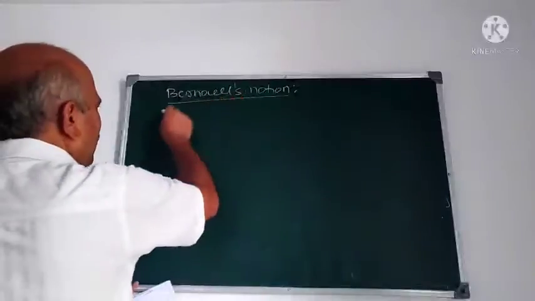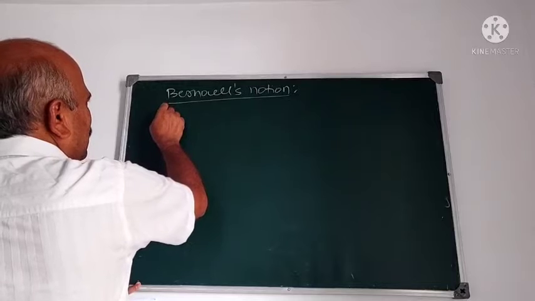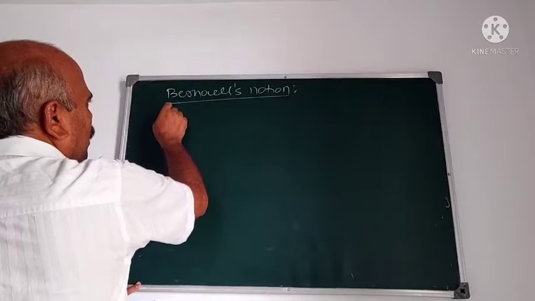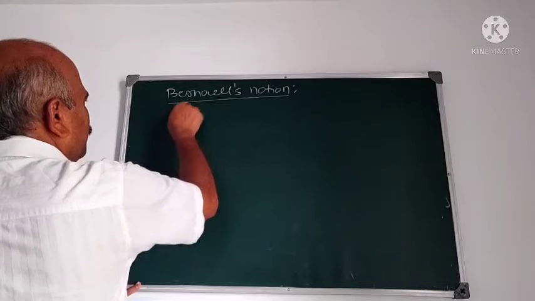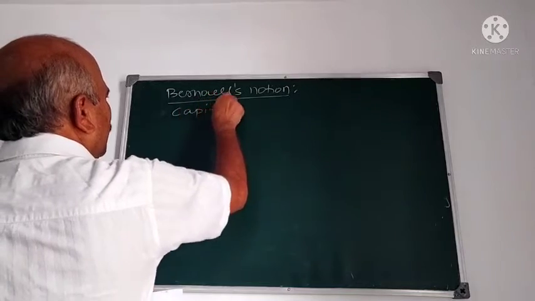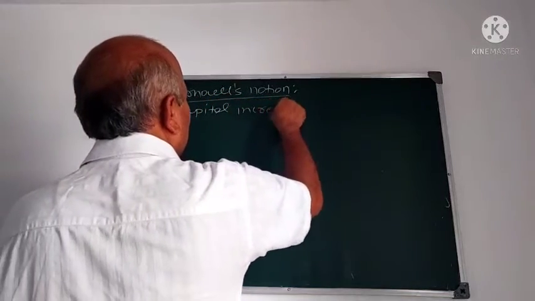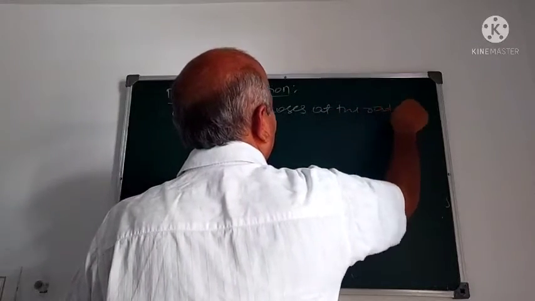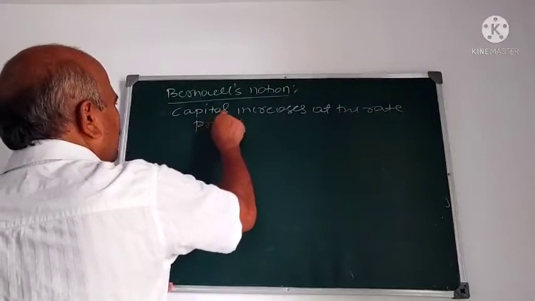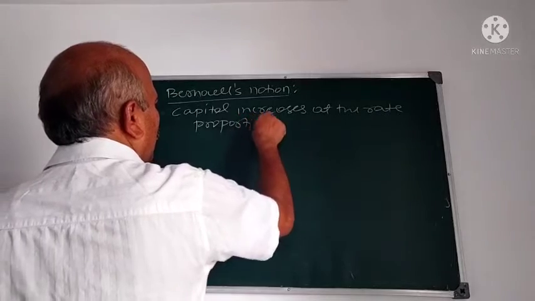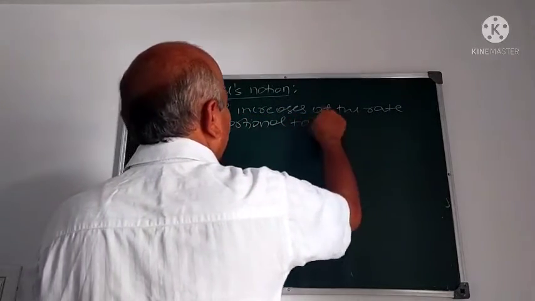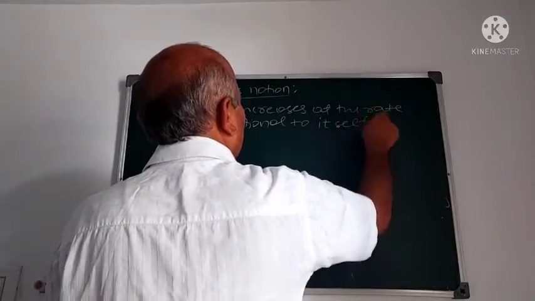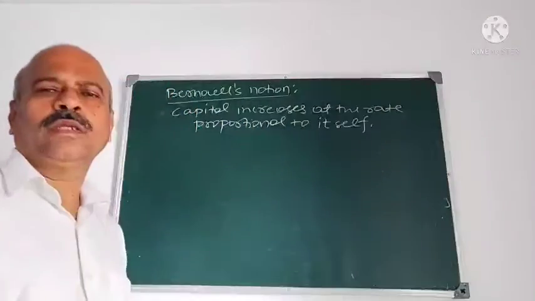Bernoulli's notion is like this: capital increases at a rate proportional to itself. This is called Bernoulli's notion.